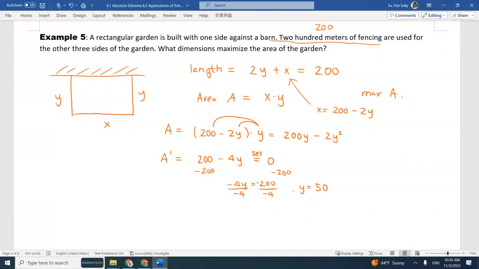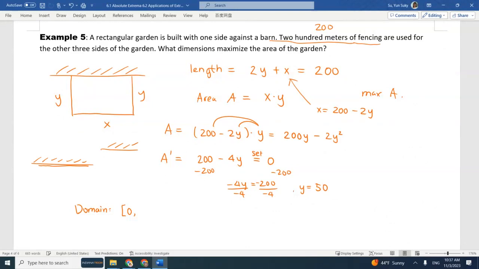We need the domain to draw the table, right? So what is the domain? What is the smallest y possible? Leila, what's the smallest y? 0, yeah. If the smallest y is 0, I only have the x. Do you agree, everybody? How about the largest y?